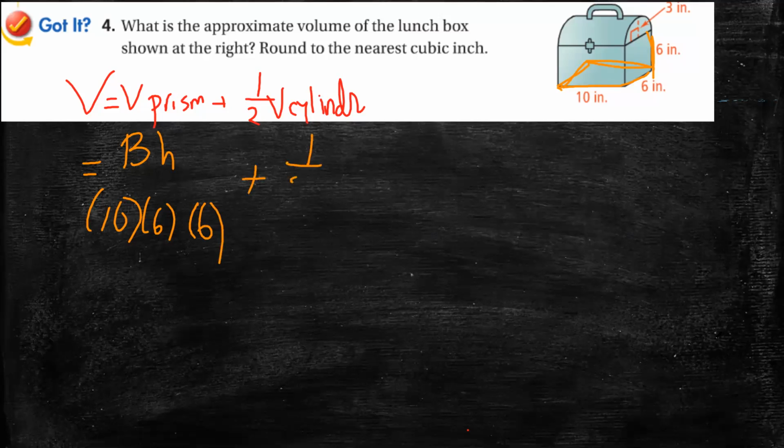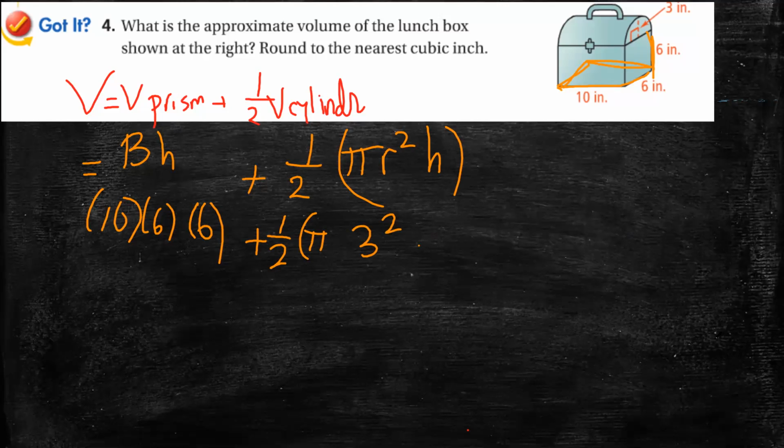Plus half the volume of the cylinder. We say it is pi r squared h, half pi. Now look here. What's the radius? It's 3. 3 squared. Times what is the height of the cylinder? Look at the cylinder here.